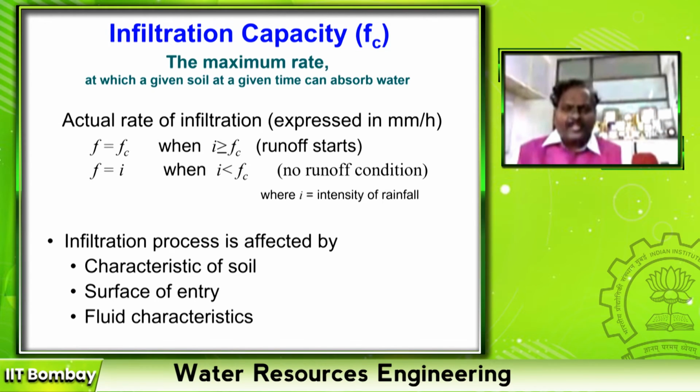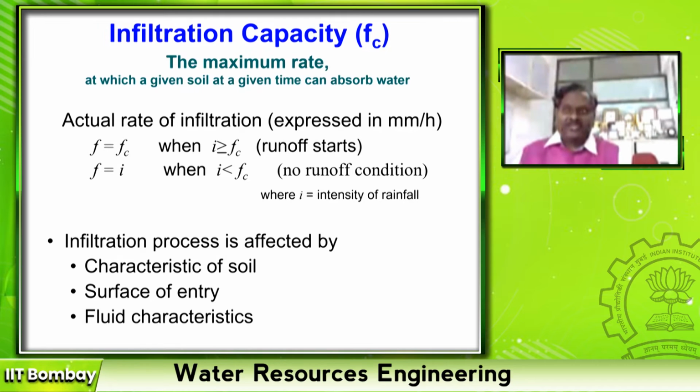Okay, and when runoff happens, you might also have seen several times when it is raining, water does not suddenly start flowing on the ground. Depending upon the soil moisture condition and the rainfall intensity, if your infiltration rate is more than your rainfall intensity, whatever rain falls on the earth simply goes into the earth.